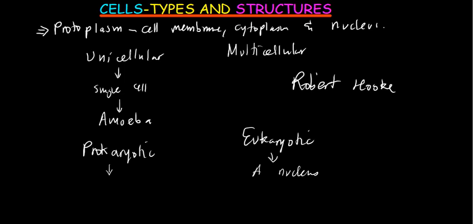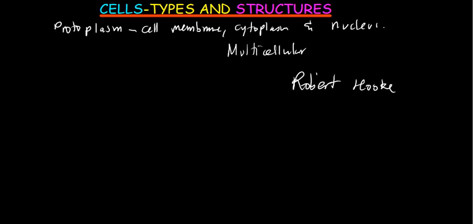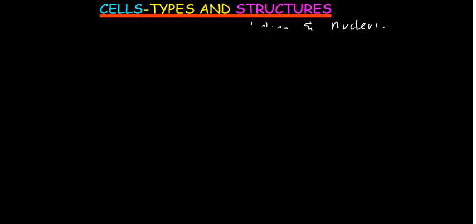Alright, so now we need to understand the prokaryotic cells and the eukaryotic cells in detail. We're going to start with understanding a prokaryotic cell. What is the structure, what are the parts in a prokaryotic cell, and what are the functions?